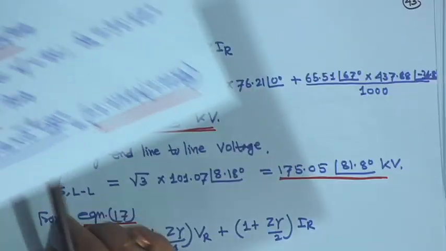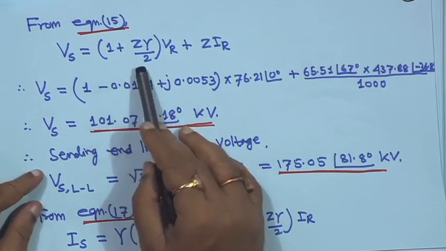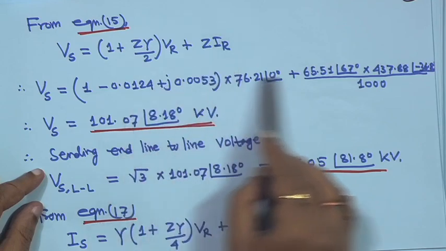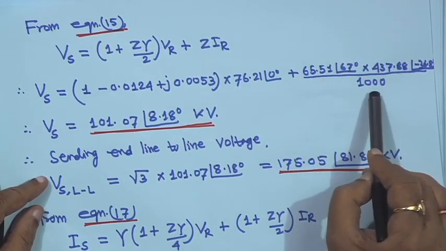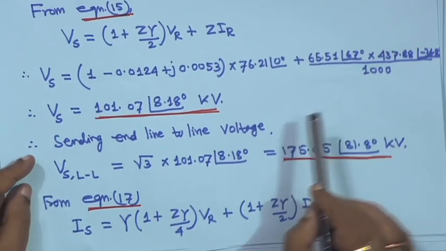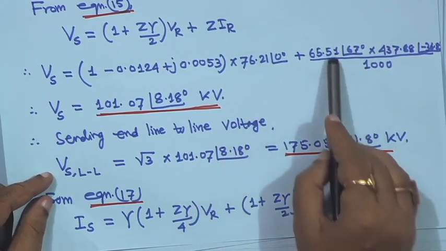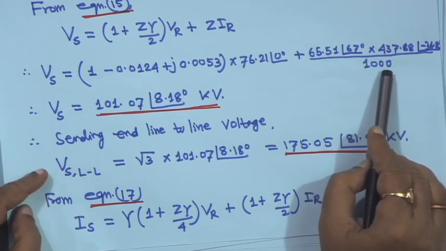Then from equation 15, Vs is equal to (1 plus ZY by 2) Vr plus Z IR. Substitute all these values; the current term is in volt divided by 1000, so it is made kilovolt, and 76.21 angle 0 is in kilovolt.